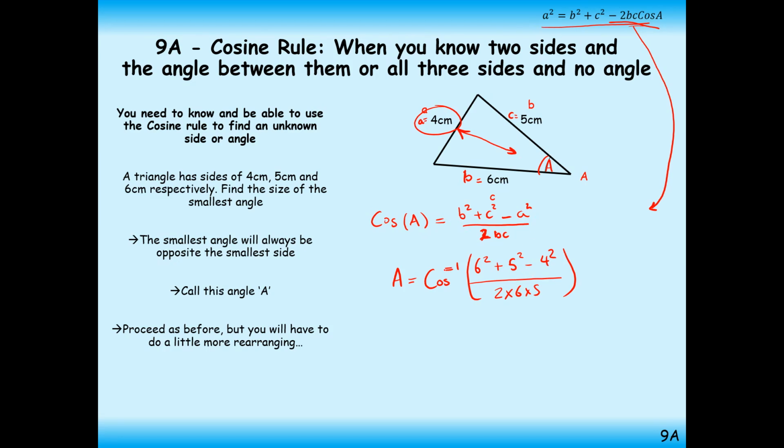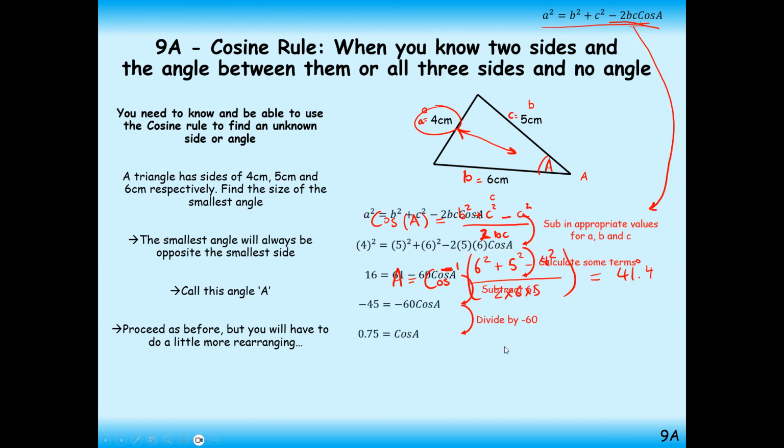That's my method, but some people like to substitute everything into that equation and then solve it. I think you're less likely to make an error with that. So I think the answer is 41.4.